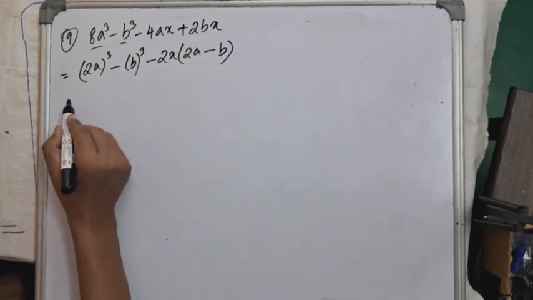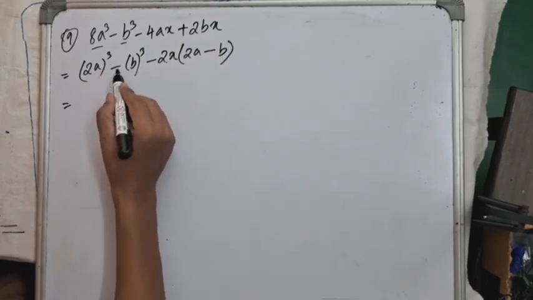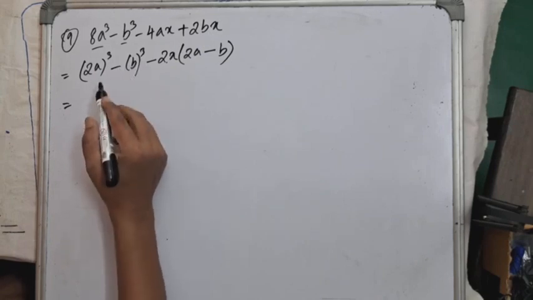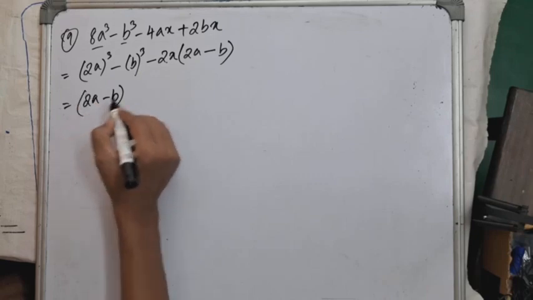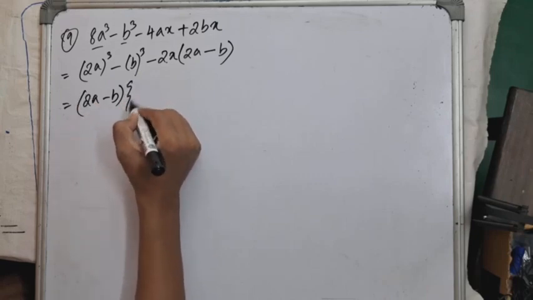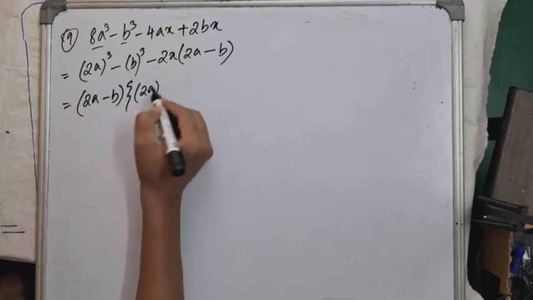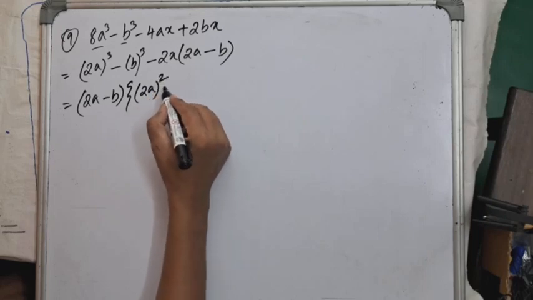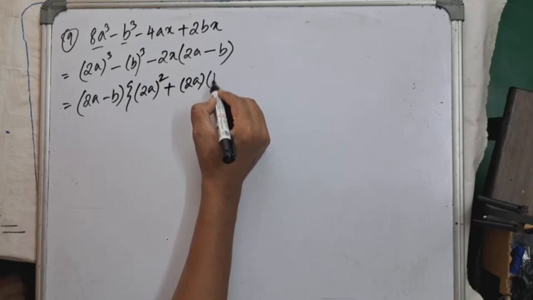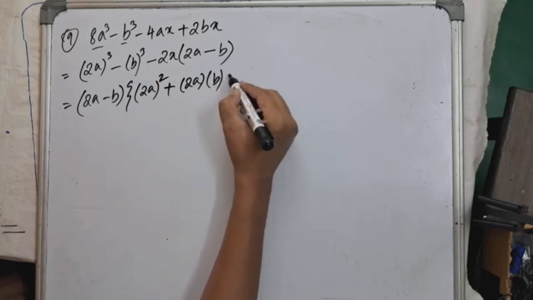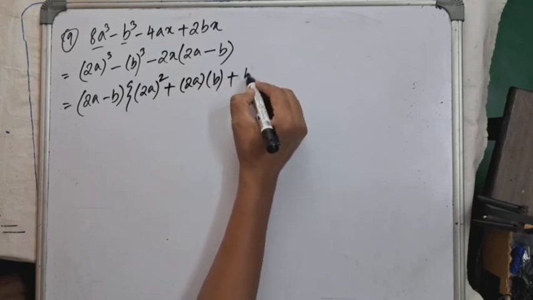Okay, now this is a cube minus b cube, so a cube minus b cube is a minus b into a square, that is 2a is a square plus ab, this is a and b, ab plus b squared.